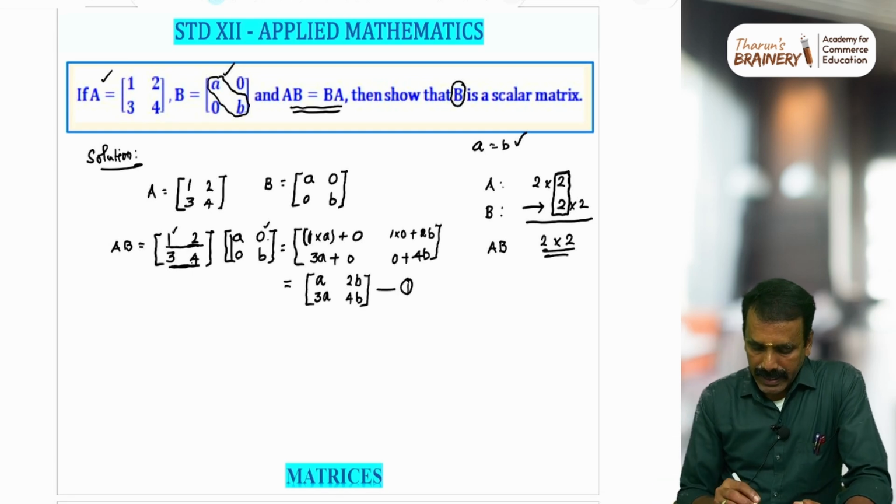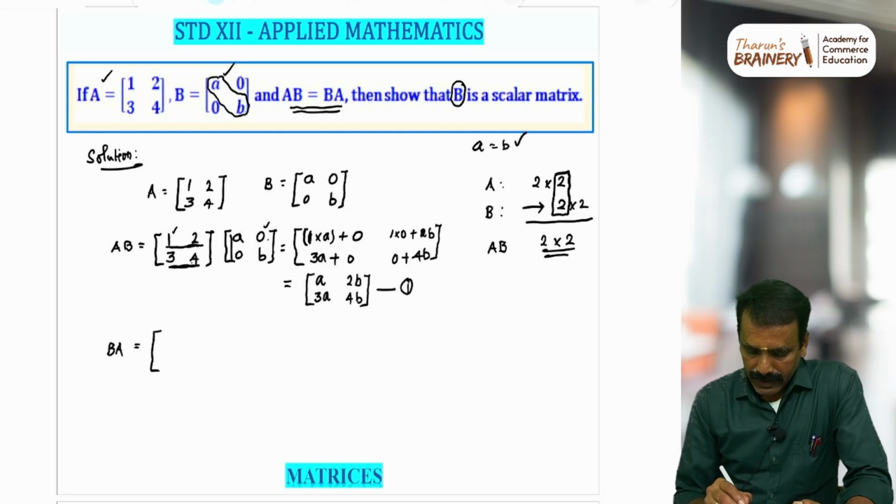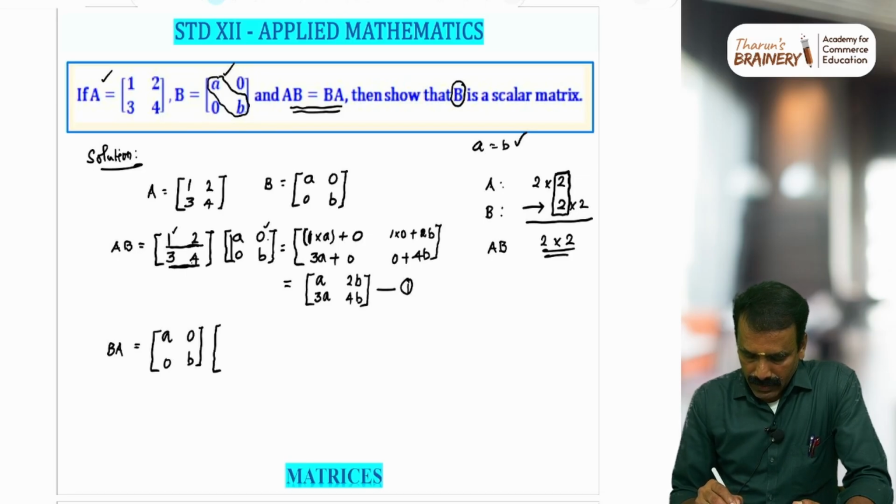Next I am going to find BA. B into A, so we write the B matrix first. That is A, 0, 0, B multiplied with 1, 2, 3, 4.